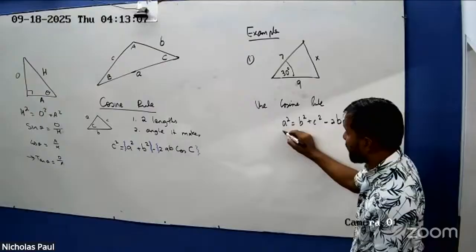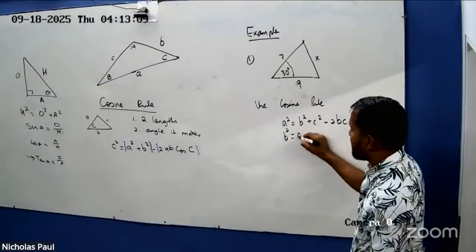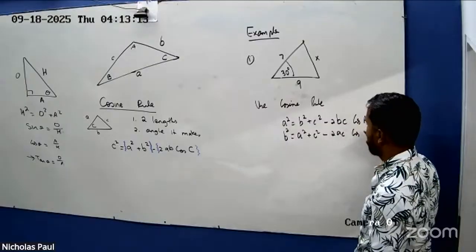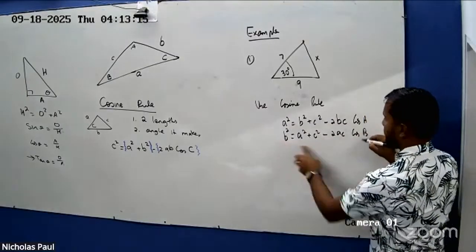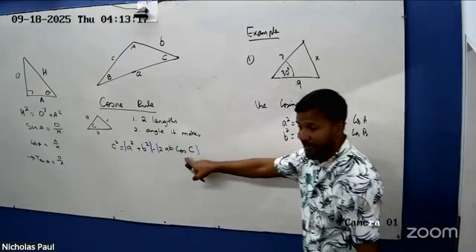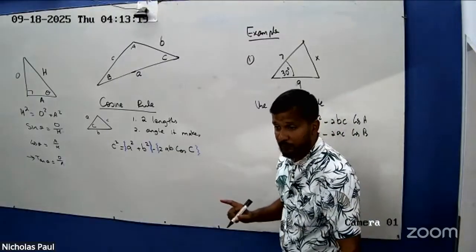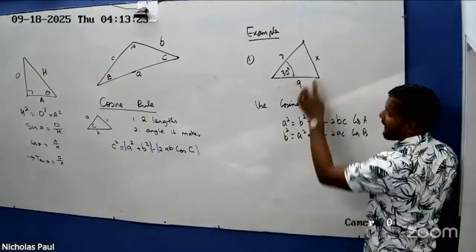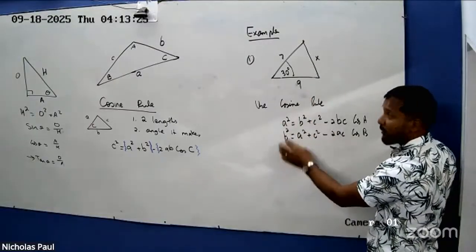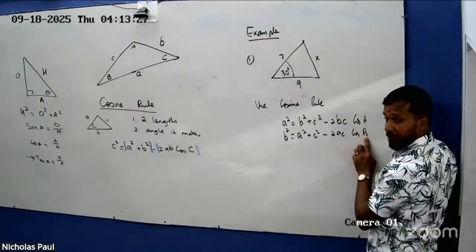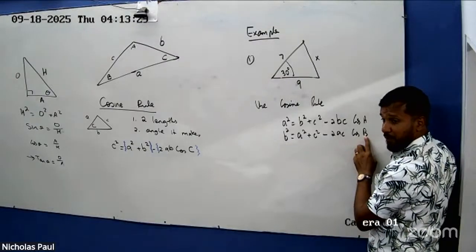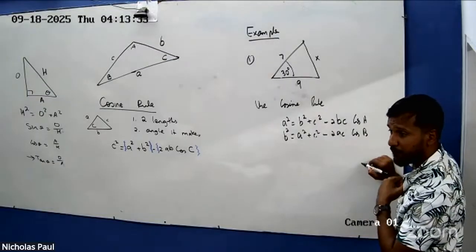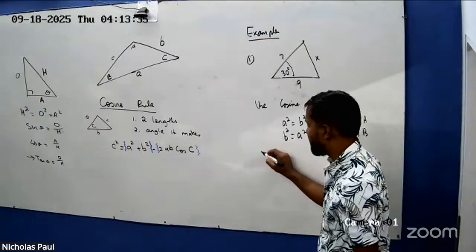I could have also written it like this: b squared is equal to a squared plus c squared minus 2ac cosine of this. Or I could have written it like this. It doesn't matter. All you need to understand is that the length that you're trying to find is outside here, and the opposite angle is here. So it doesn't really matter with versions. You okay with that? So let us substitute.